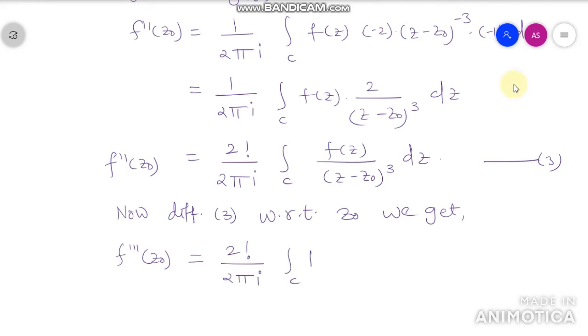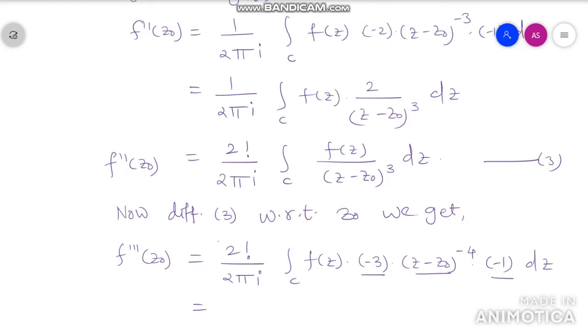The right side is 2 factorial divided by 2 pi i into integral over C. f of z is constant, and the derivative of 1 upon z minus z0 bracket cube with respect to z0 is minus 3 into z minus z0 bracket raised to minus 4 into the derivative of z minus z0, which is minus 1, into dz. So the multiplication of minus 3 with minus 1 is positive 3.